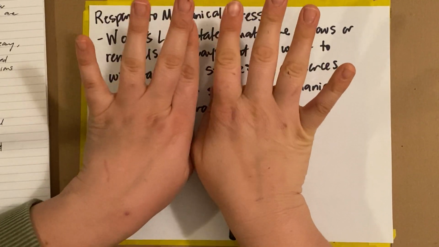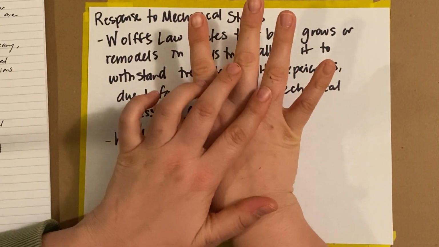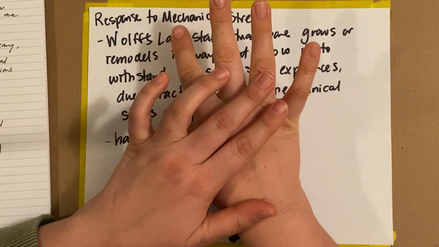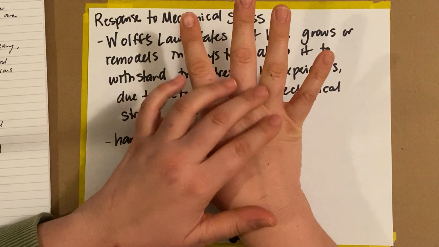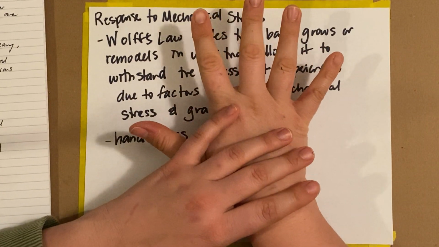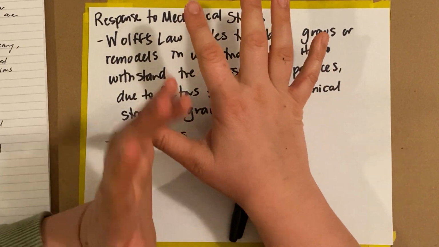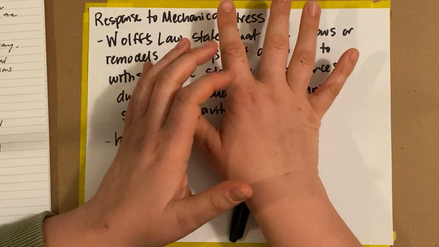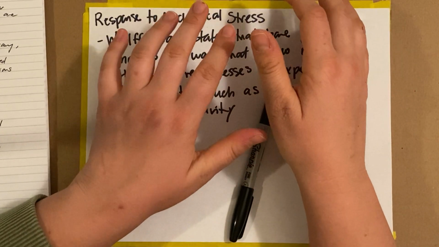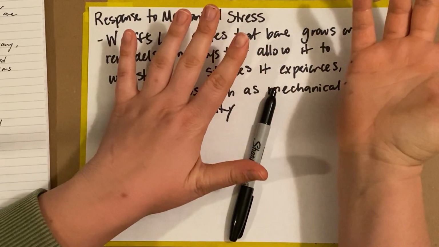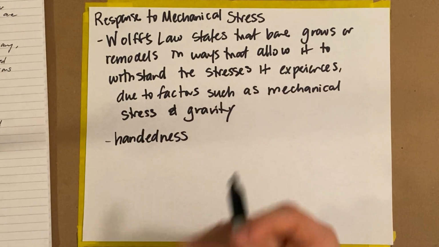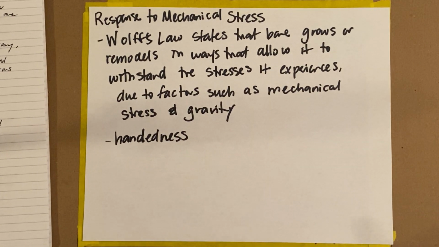For example, my fingers: I know that some rings I can wear on this hand will not fit on this hand and the same finger because my finger is thicker. And that's because my right hand is going to do a lot of these different actions, and it's going to need to be bigger, thicker, stronger than my left hand, which I'm not very good at using. Like I can't write with my left hand or anything like that. Okay, so that's going to happen. And so basically your dominant hand and dominant arm are going to be thicker.